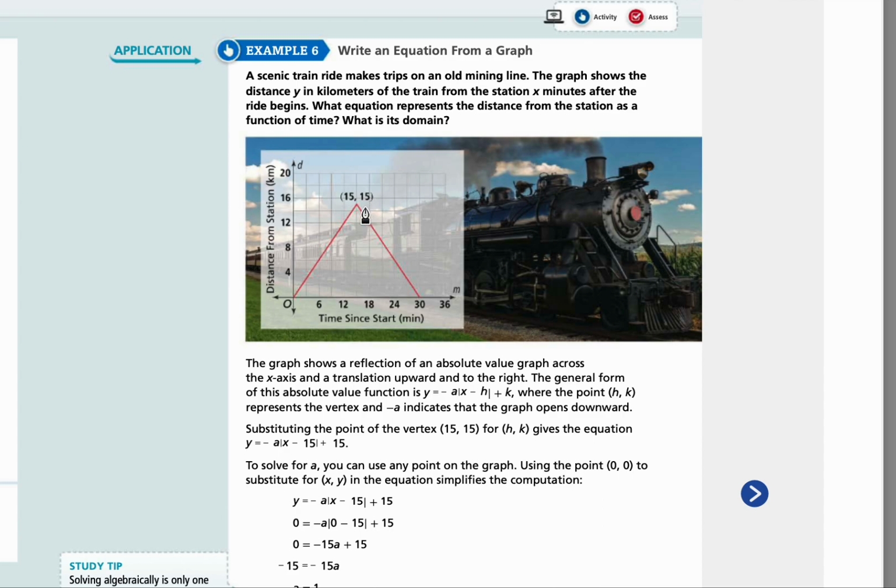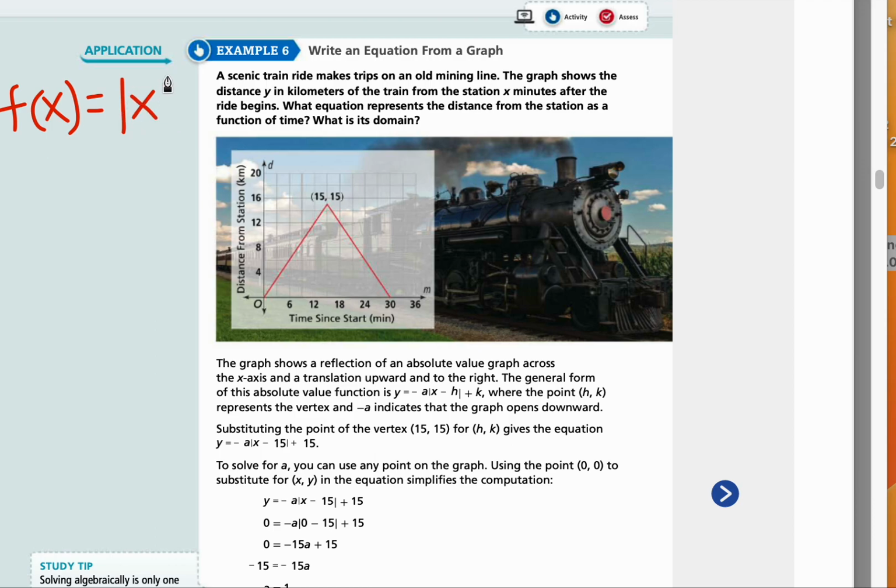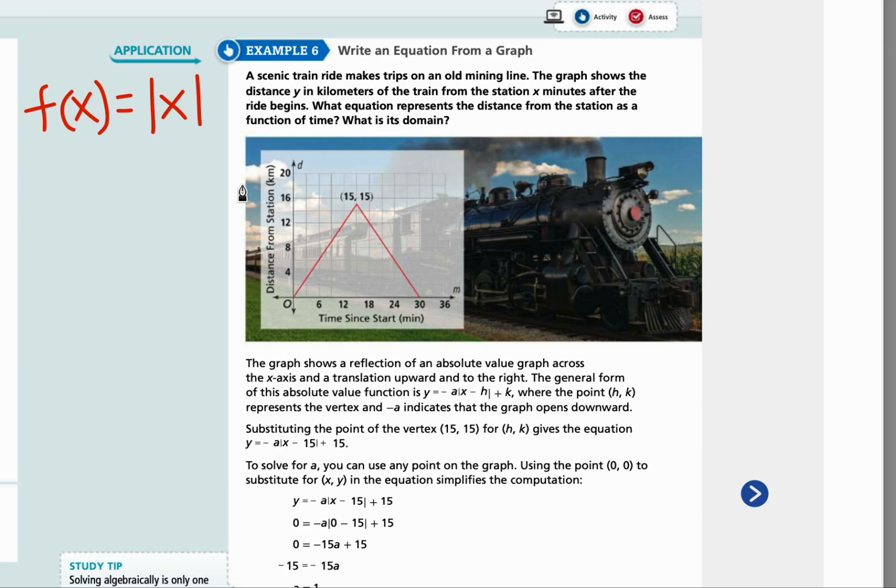So this is an absolute value function because you have a V shape. Your parent function is f of x equals the absolute value of x. Now we want to see what kind of transformation would have made this graph look like this.